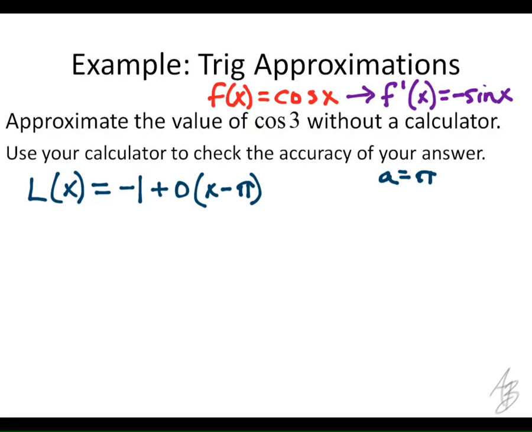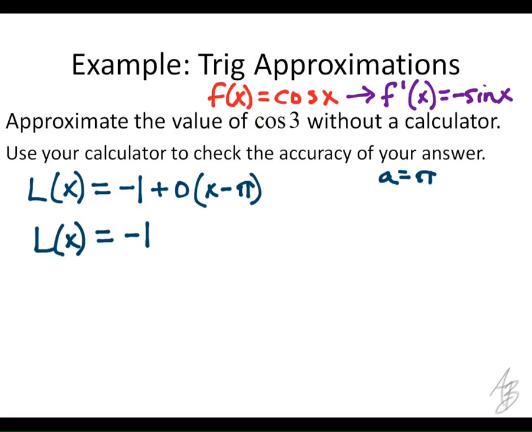Right? You guys agree with that? Well, this is an easy one to figure out. What's 0 times anything? 0. So what this is saying is that no matter what x is, the tangent line is going to have a value of -1. So in the region close to pi, cosine is going to have values close to -1.